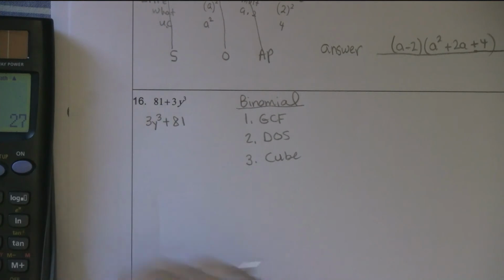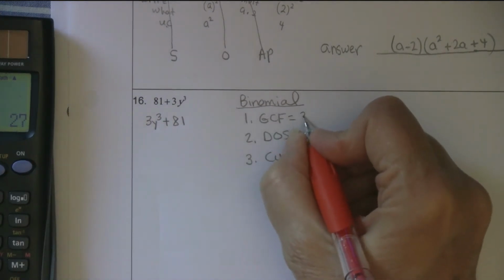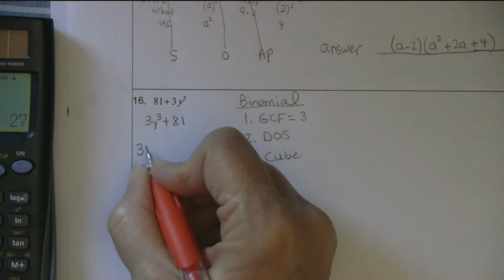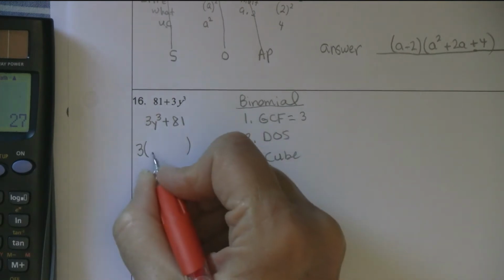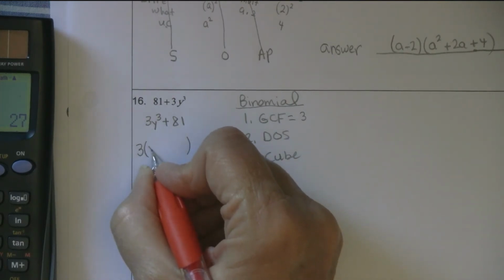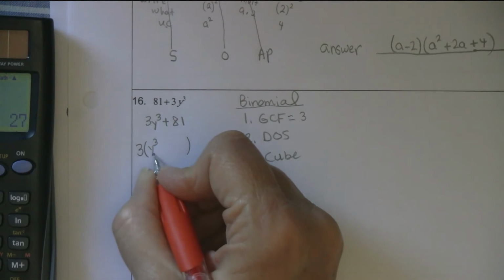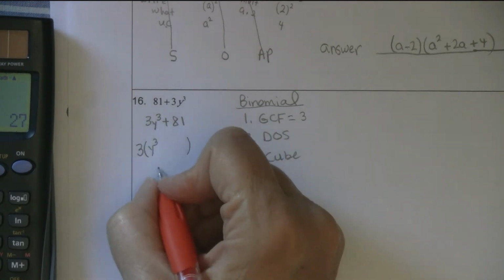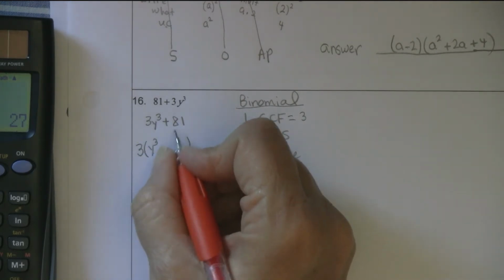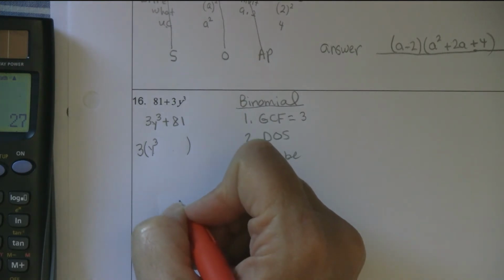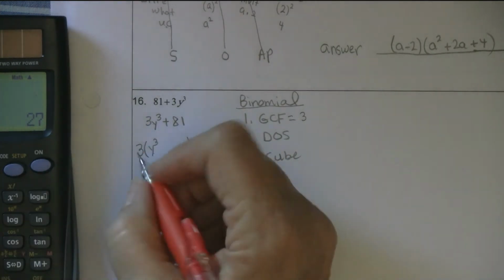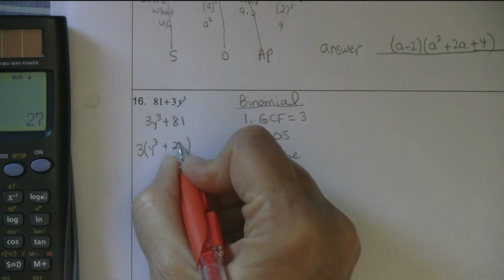It goes in 27 times. So the greatest common factor is 3. I want to pull the 3 to the front. And I'm going to write here y to the third, because 3 times y to the third is 3y to the third. 3 times what is 81? Yeah, remember we figured it out. It was 27, right? 27.